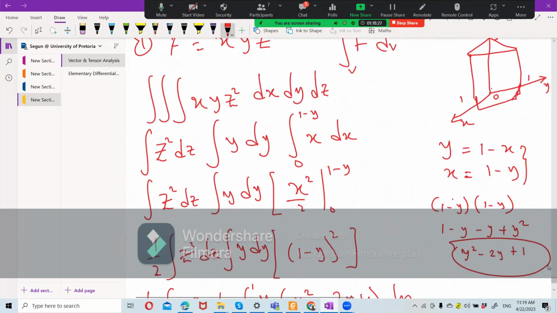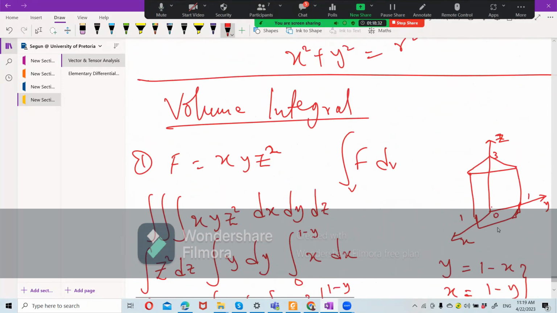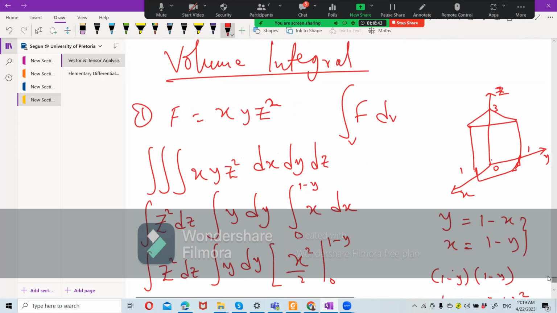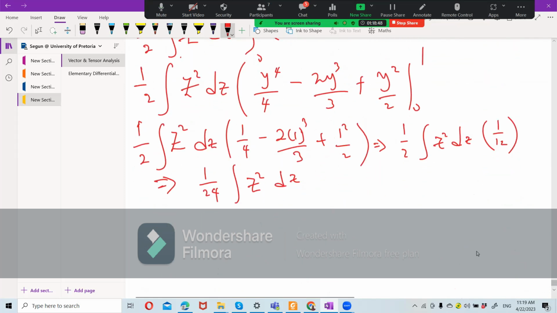From here, you have 0 to 3 for z. So what we do is the lower limit for z will be 0, the upper limit for z will be 3. So we go back to the equation. So we have 0 to 3. Then let's integrate it. When you integrate this, you have 1 over 24 in brackets z cubed over 3, 0 to 3.